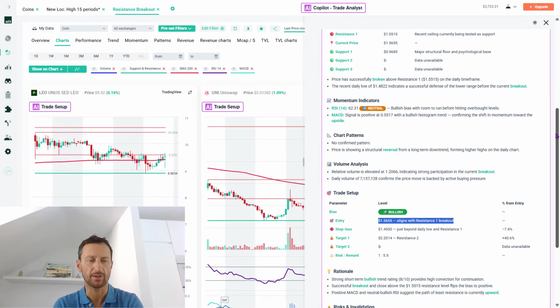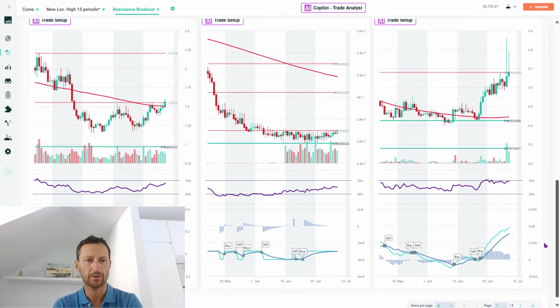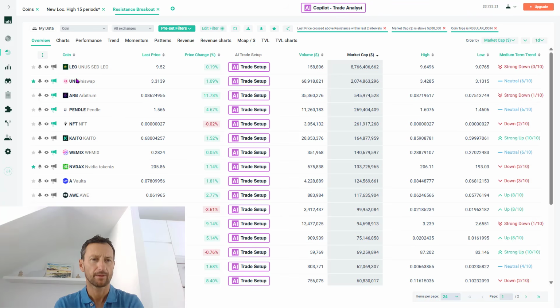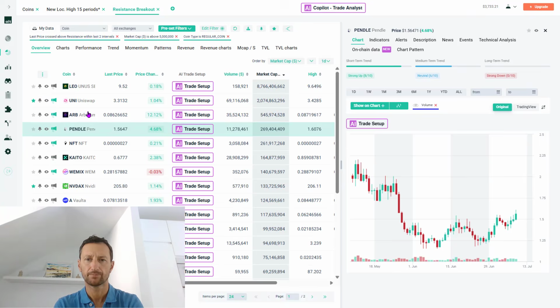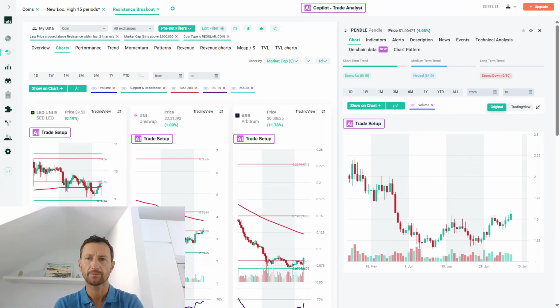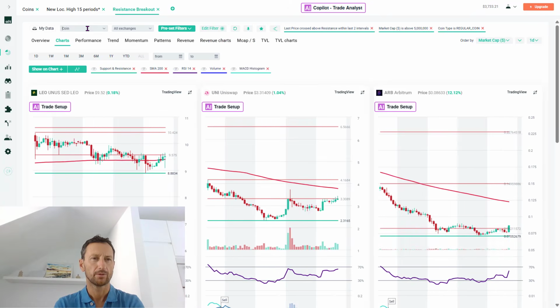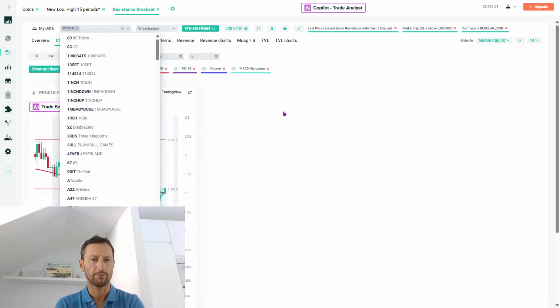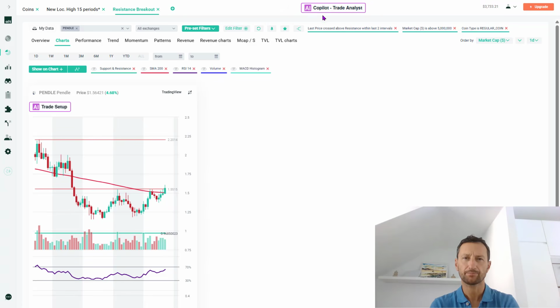This is the level that, let's see, let's go back to the PENDLE chart here. Actually, let's do it this way. I'm just going to find PENDLE. That way I have it here on the left-hand side.